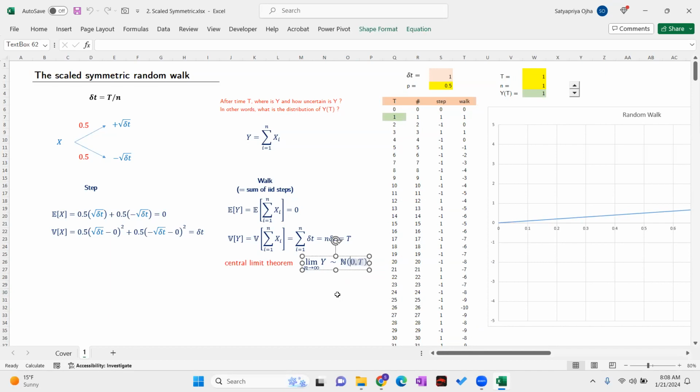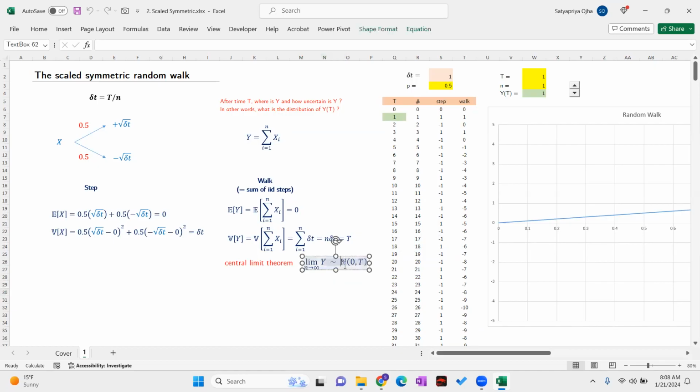Now this is desirable. So to answer your question, we created a process which is random because it is normal distribution, but has a variance which is tied to our choice of time variable in the simplest way possible. Variance is equal to T. So that is desirable.